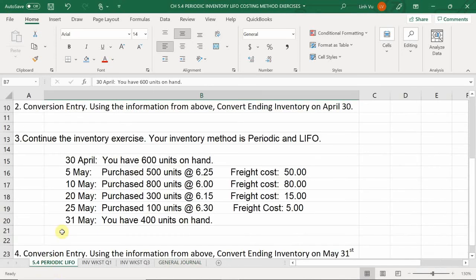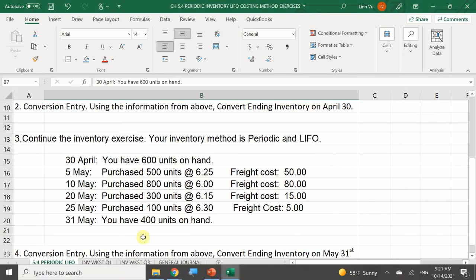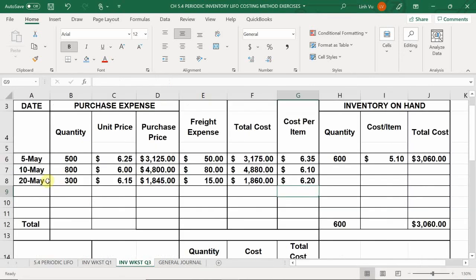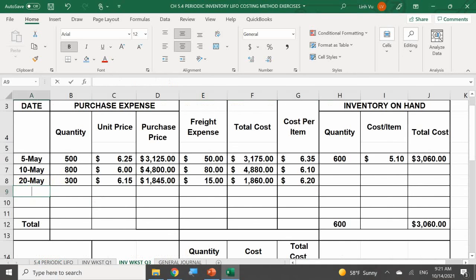Let's do the last one here. Then on May 25th, we end up purchasing 100 units at $6.30 each, with the freight costing $5. So May 25th, 100 at $6.30 with a freight of $5.